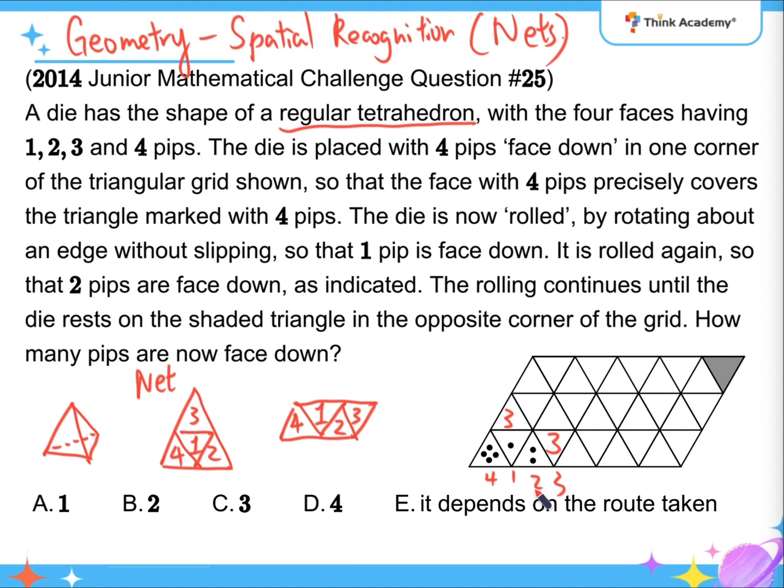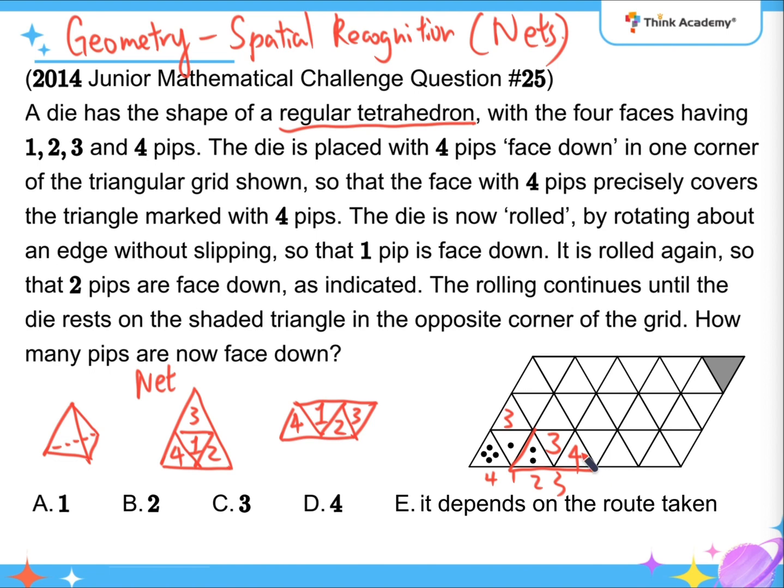So what do you reckon is going to be the number in the next box? As I said, every 4 in a row is a net of this die, which means that if I have 1, 2, 3 in a row, the remaining one must be the missing number 4.